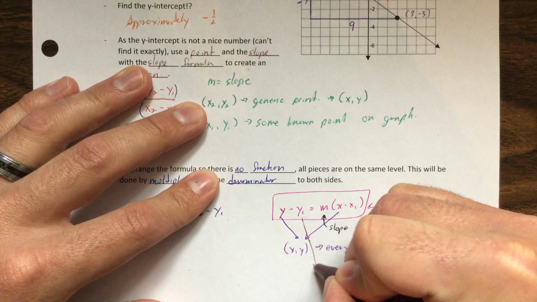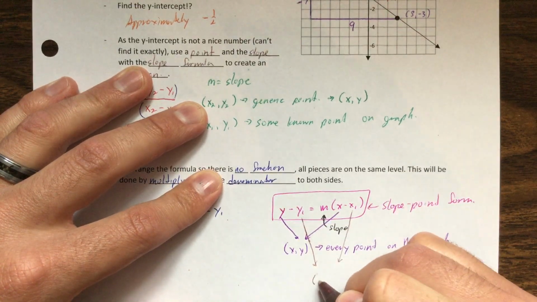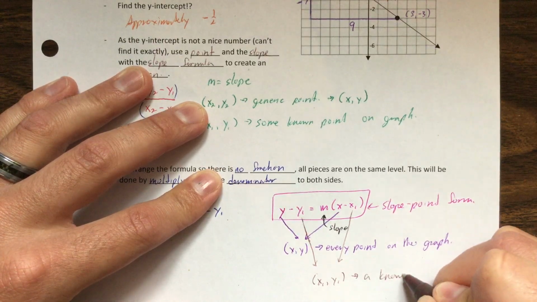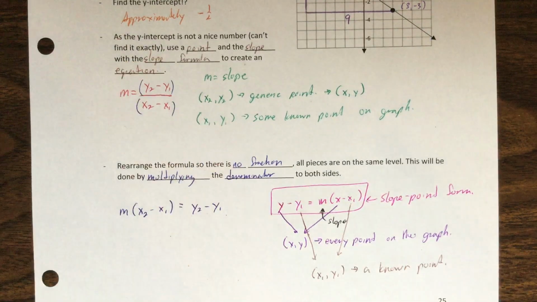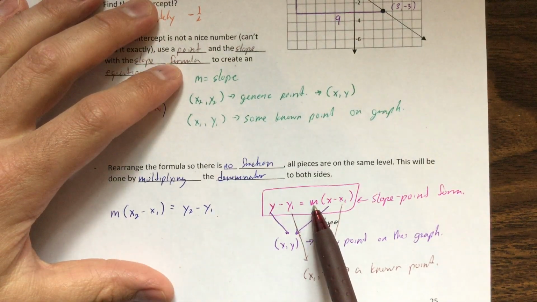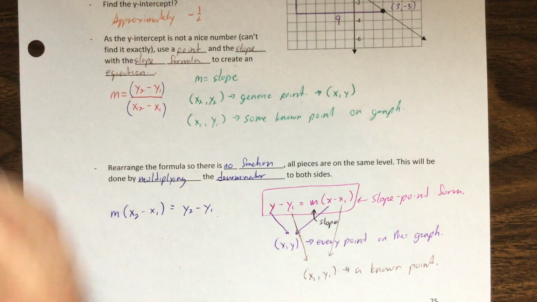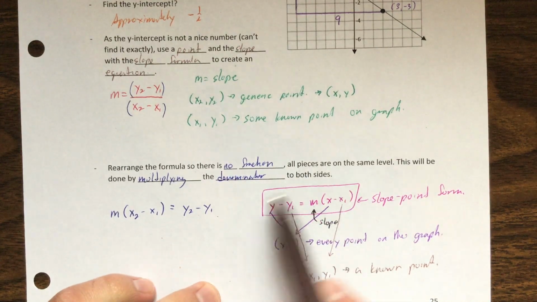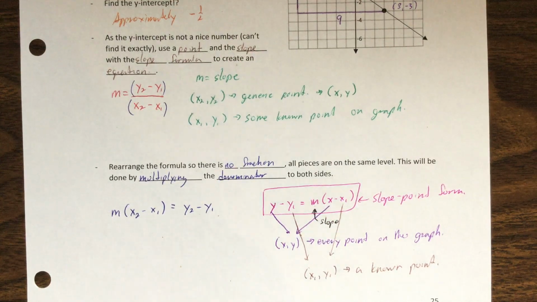And we're going to replace x1 and y1 with a known point on the graph. So when we're coming up with an equation, we're going to replace the slope, and replace x1 and y1 with some point that we know on the graph. That's going to create a nice equation that we can use to describe what our graph in fact is. So we're going to be using this form in creating an equation to describe our graph.